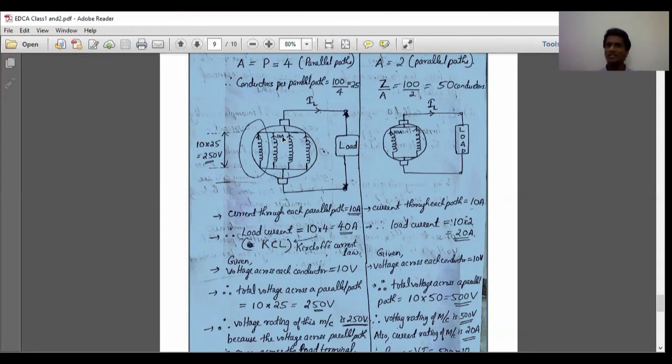Similarly, each winding has its own resistance, and when we consider the lap wound machine, the number of parallel paths is more. That means effective resistance is very less for the lap wound machine. Wherever resistance is less, what is higher? Current is higher. That is the reason it is a high current machine, whereas effective resistance is low.